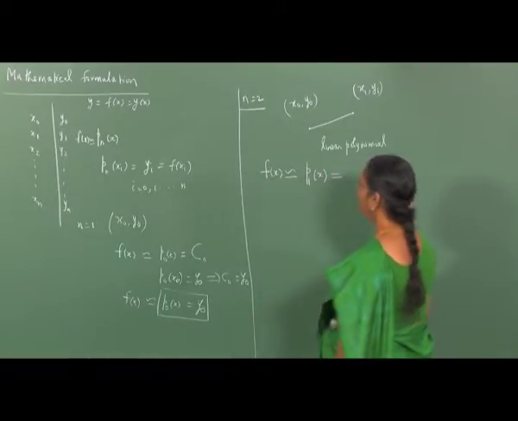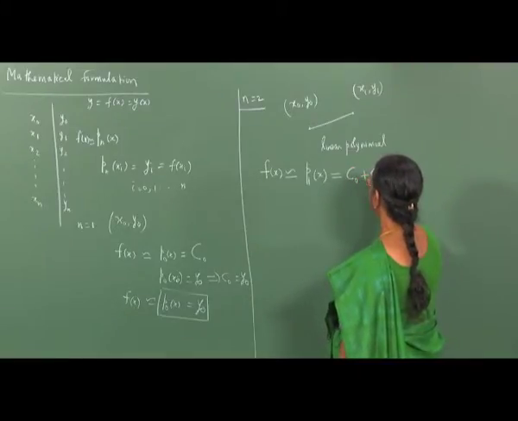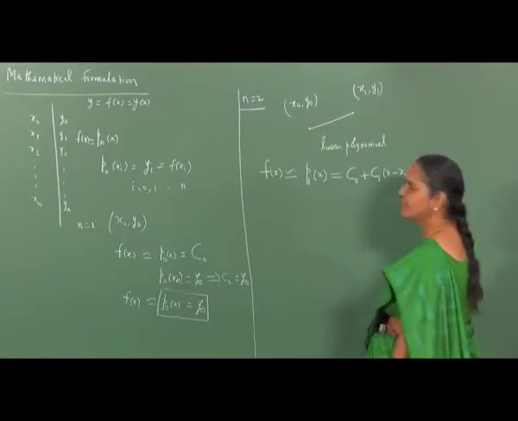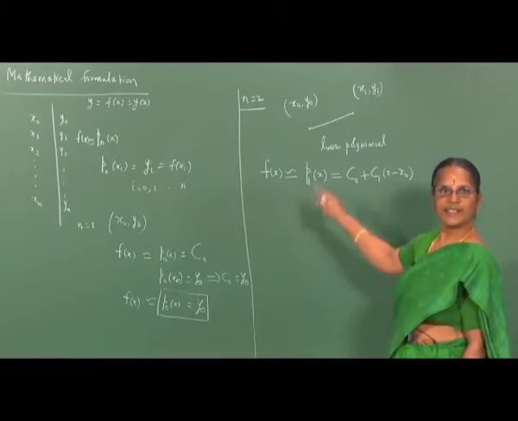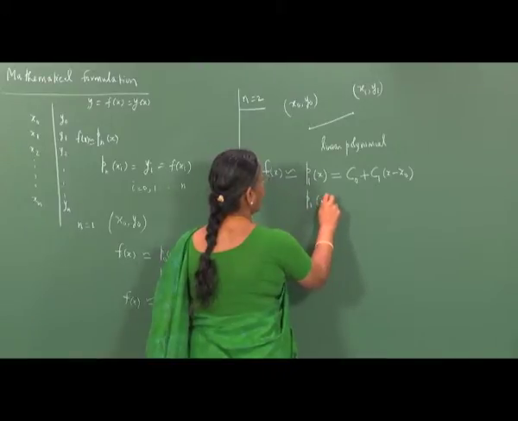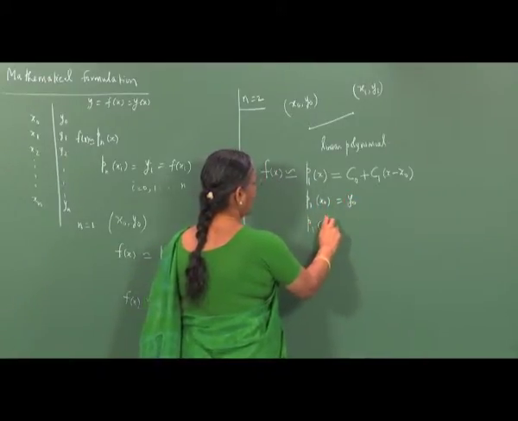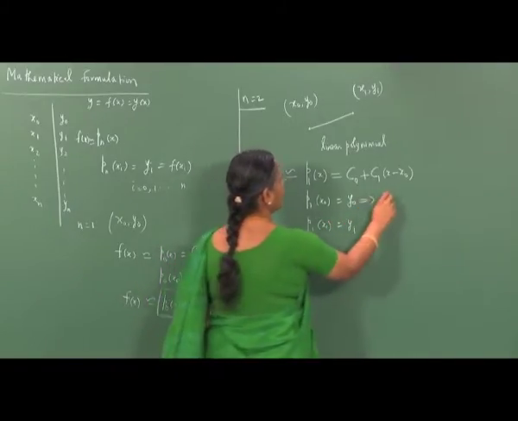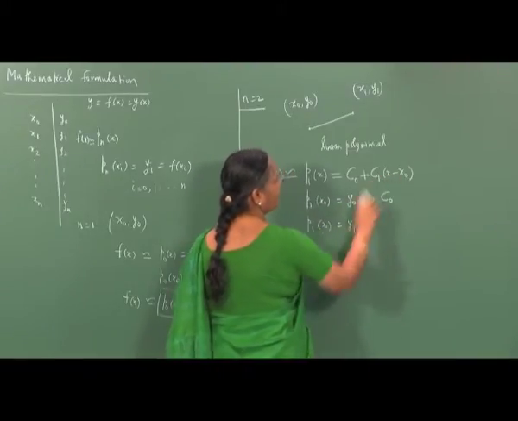So, let us write down this polynomial. I shall take this polynomial as c0 plus c1 into say x minus x0. It is a linear polynomial. What should be the property that should be satisfied by this polynomial? It is such that p1 at x0 must be y0 and p1 at x1 must be y1. So, this gives you that at x0, this factor will vanish.